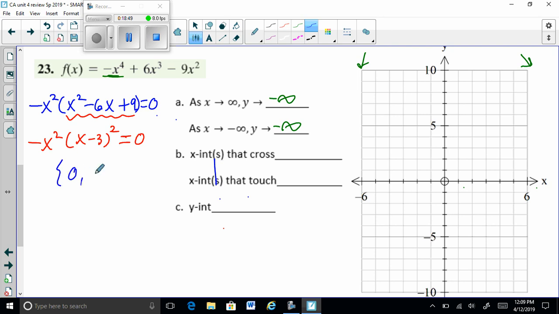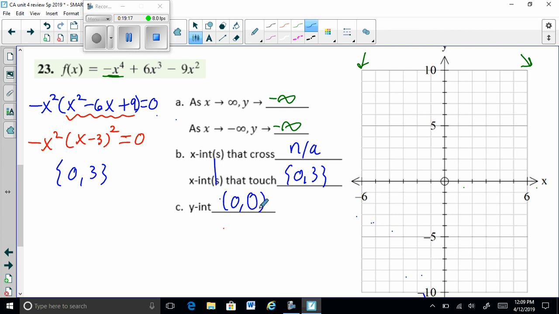So our solutions here are 0 and 3, okay? And this time they both have a multiplicity of 2, so they're both going to touch and turn around. This time we're actually not going to have any that cross through, okay? And then the y-intercept, if you plug in 0, causes all that to 0 out, and you get a 0 there.